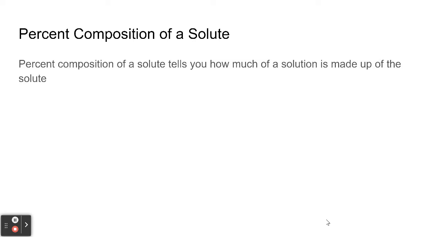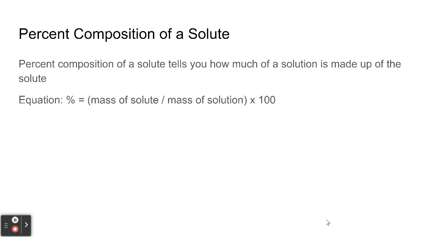So our percent composition of a solute tells you how much of a solution is made up of that solute. So if we're talking about sweet tea, your percent composition of sugar tells you how much sugar makes up the entire batch of sweet tea. We do get the equation.